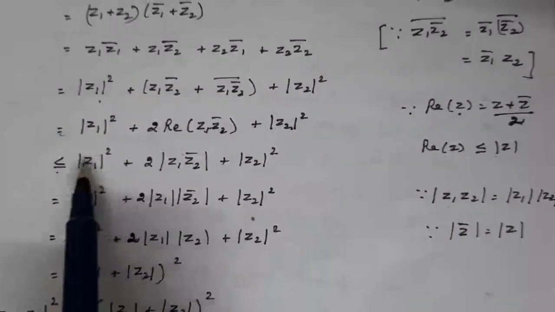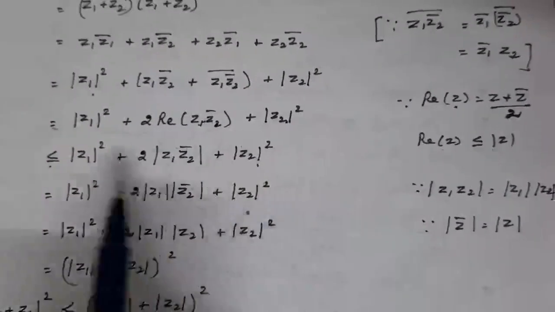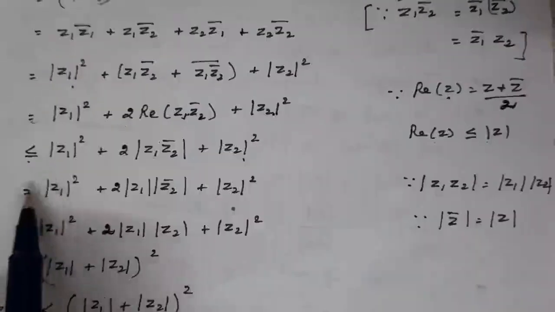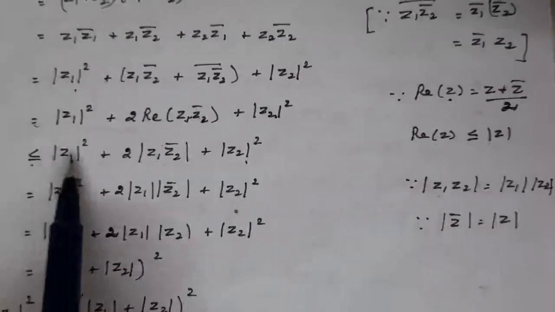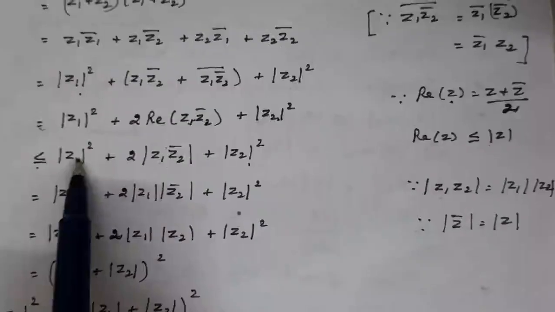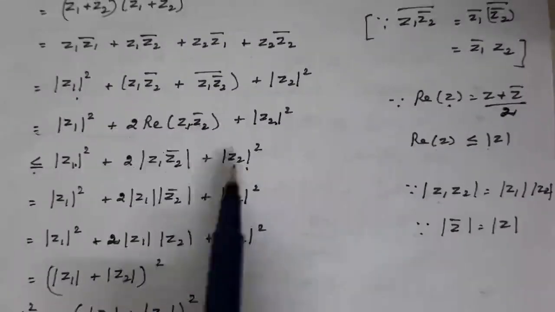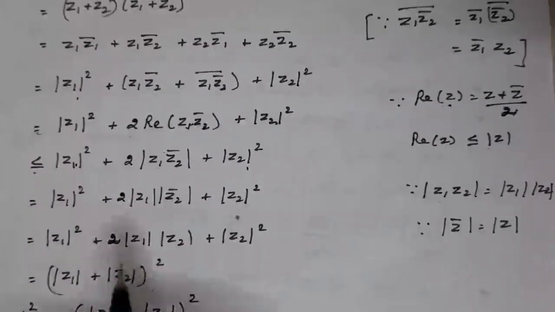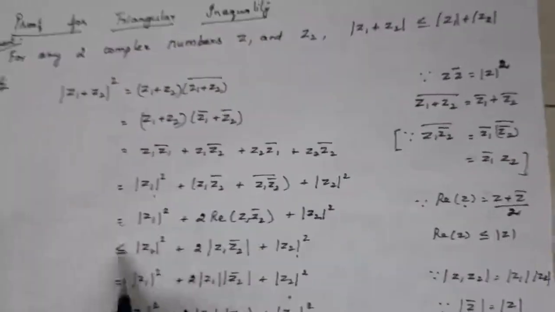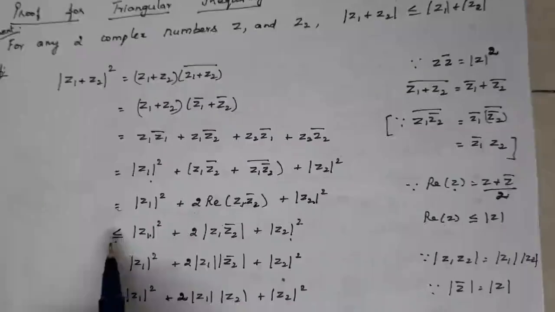Now I am going to simplify this part alone. So what would be this value? I have written the equal sign here. That means this is modulus of Z1 squared plus 2 into modulus of Z1 Z2 bar plus modulus of Z2 squared will take the form here. But while comparing with the left hand side, you have to use the inequality less than or equal to.